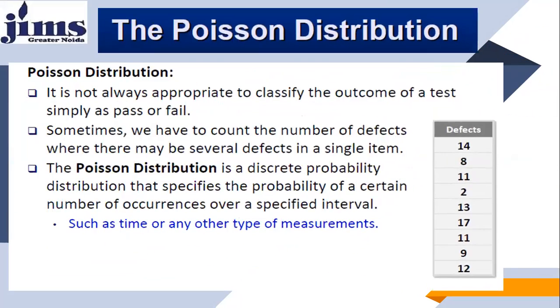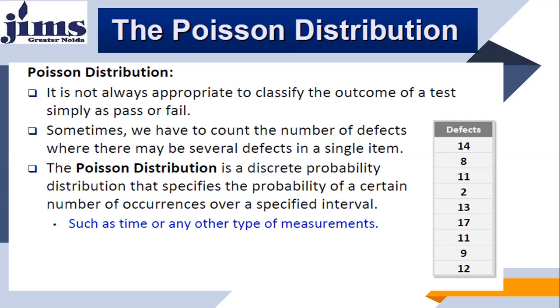Then we come to the Poisson distribution. Actually, the Poisson distribution is an extended version of the binomial distribution. It is also a discrete distribution, and it is sometimes used because if you have, say, 1000 trials, how do you calculate the factorial n?